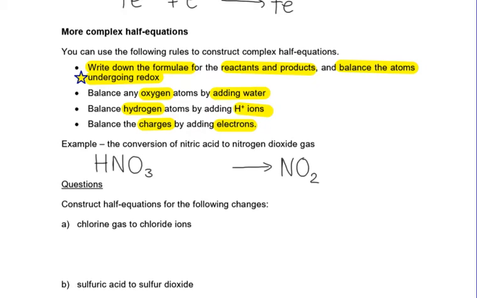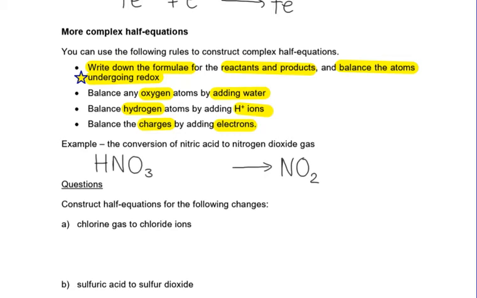I need to balance the atom undergoing redox. Now, you get a bit of a feel for redox after a while. Which element is likely to be the one changing? And it's very likely to be the nitrogen, because we know that oxygen's mostly -2 and hydrogen's +1. So we check that there's the same number of nitrogens on each side. And there are. So we move to the second step.